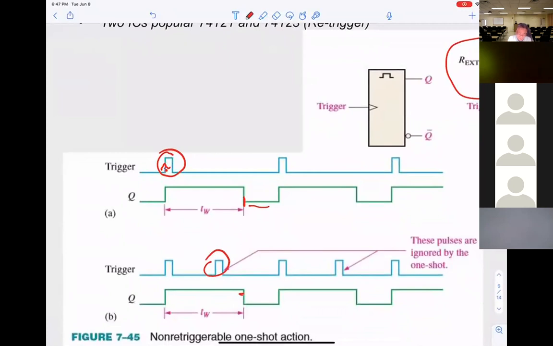When they trigger it, the width here depends on R and C. Then you get a trigger a second time, they give another one. I follow that. Now on this one, when you trigger here, then you trigger here. So basically this first trigger gets a TW longer than the time until you trigger right here. Correct. Ignore it. They don't care about that part.